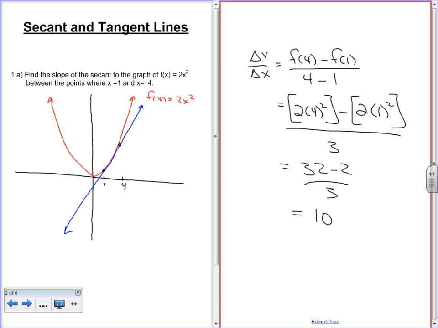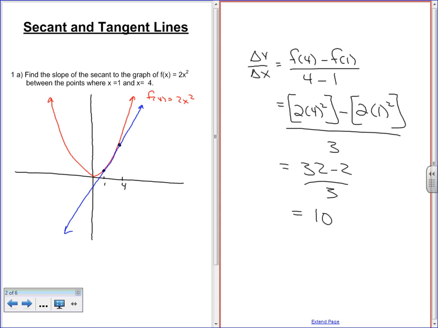So the slope of that blue line is 10. Essentially, finding the slope of the secant line boils down to finding the average rate of change. So you're finding the average rate of change between the point where x is equal to 1 and where x is equal to 4. Any questions?